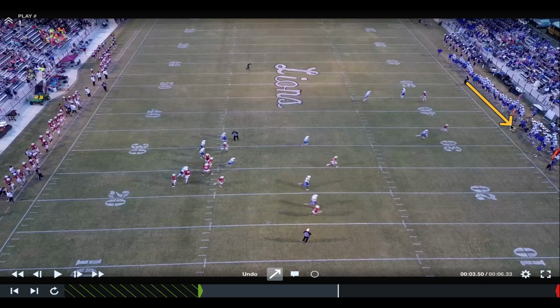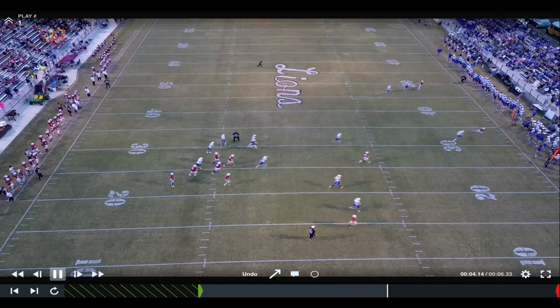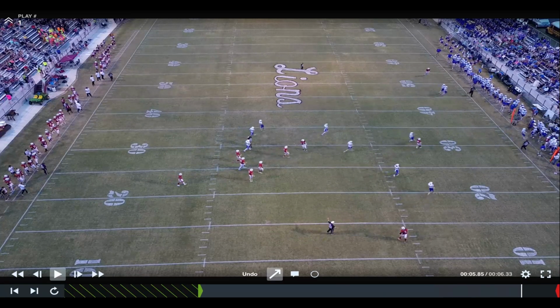So I may not be much help on inbounds, out of bounds, catch, no catch here, but I'm still going to follow this receiver into the sideline. And then my dead ball responsibility is to go get him out of there. All right, so again, I started on initial responsibility, stayed on it for most of the play, transitioned to a different player near the end of the play, and then stayed on that player through the dead ball period. Come getting him out. All right.